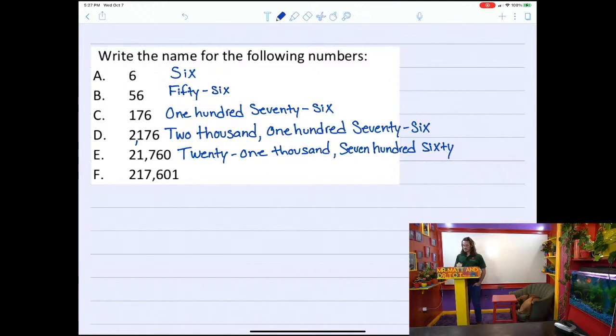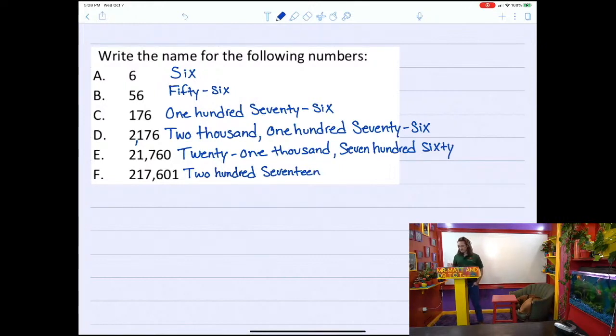So 217,601. Start with the largest decimal place, which is in the hundreds of thousands. So 200,000, 217. Notice that 17 is one of those unique number names in between 0 and 20. So it's not going to be hyphenated.